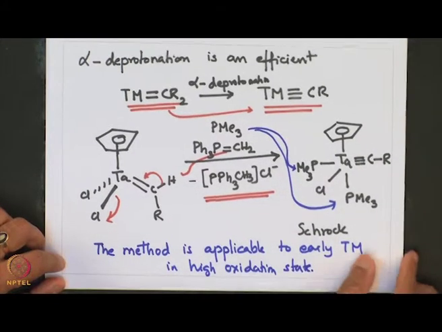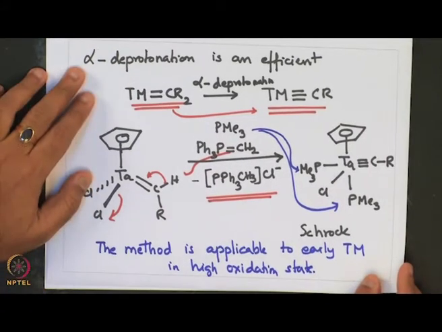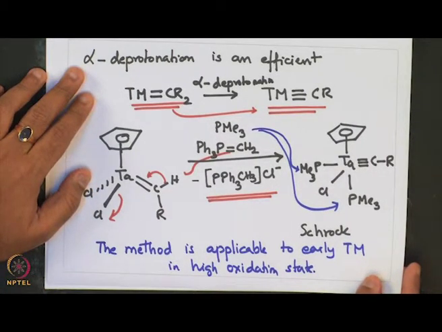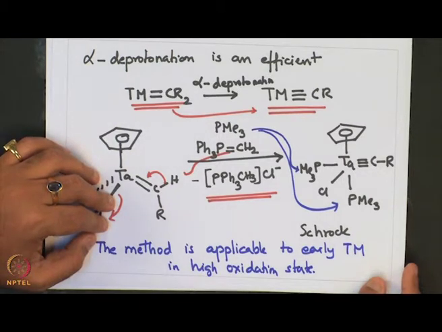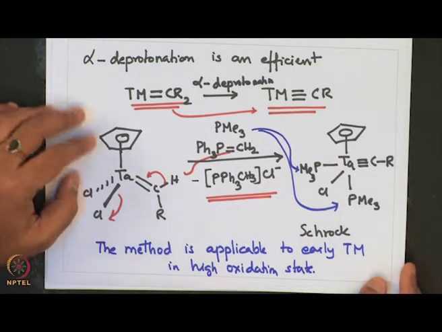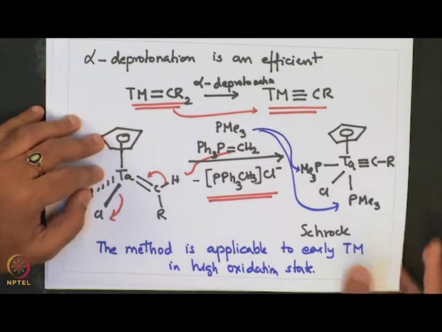It is also to be noted that the alpha deprotonation technique was also available for preparing transition metal carbene complexes, and it is also available to make transition metal carbyne complexes.